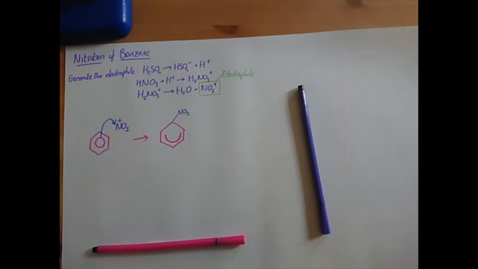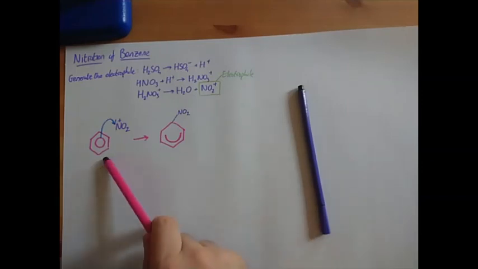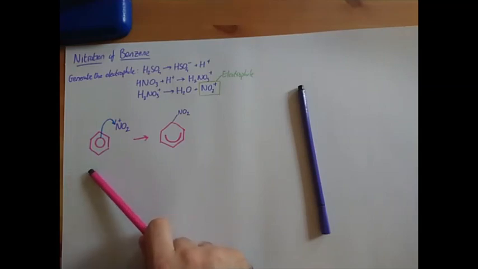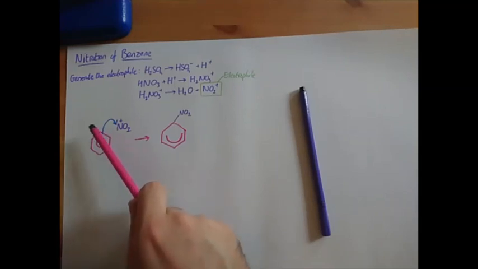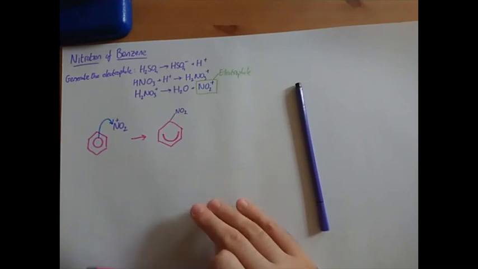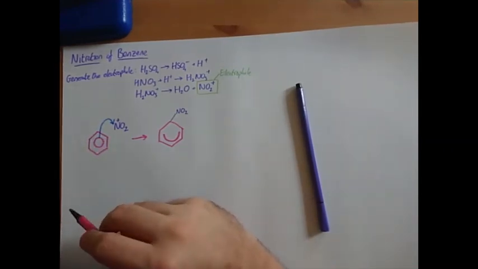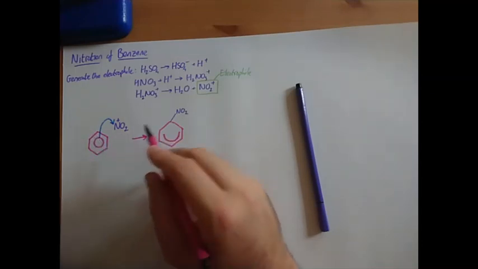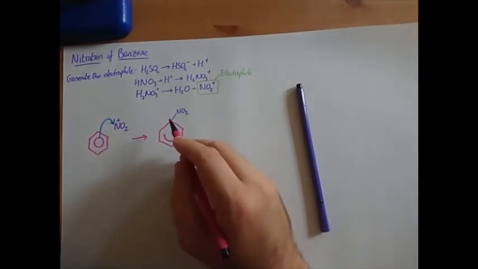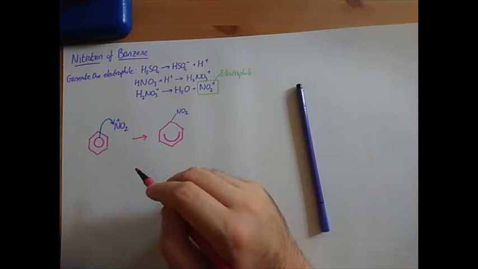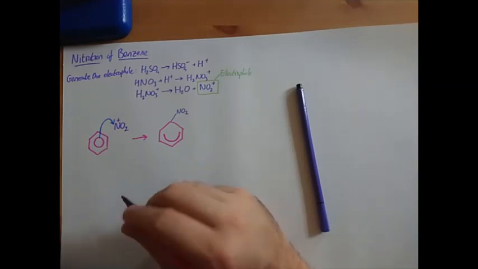It's also really important at this point to remember that this is a skeletal diagram. So it doesn't show the carbons, that's just where the straight lines meet, and it doesn't show the hydrogens. But technically each of the corners on this hexagon has a hydrogen on it. I haven't done anything to remove the hydrogen that was on this same carbon that the nitrogen, or the NO2, the nitro group, is attached to.